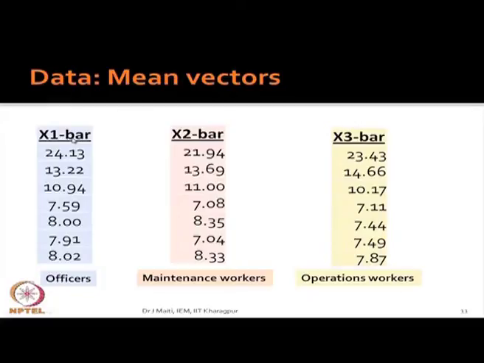So, x1 bar is basically for the officers: demand mean, then control, management support, peer support, relationship, role and change. In the same manner, for officers, maintenance workers and operations workers, you have to compute the mean vector.